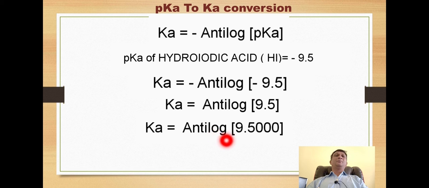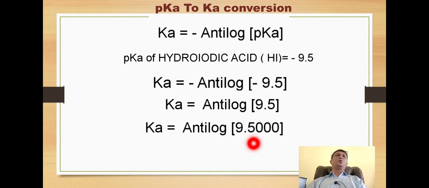So it will become anti-log of 9.5000. So here in mantissa we have the 4 digits now. The characteristic, the 9, in solving the anti-log, just goes into the power of 10. So it will become 10 to power 9. Then we will go for the anti-log value of the first 2 digits after the decimal point.